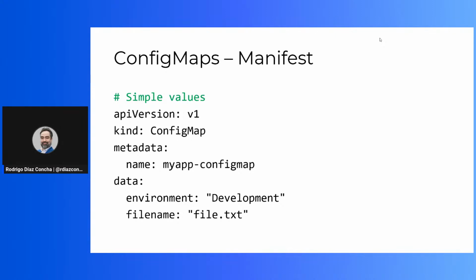And finally, instead of spec, we have data, this field where I can specify all the different key value pairs, such as environment equals development, filename equals file.txt, name equals Kubernetes, show equals Kubernetes Fundamentals, and whatnot. Okay.